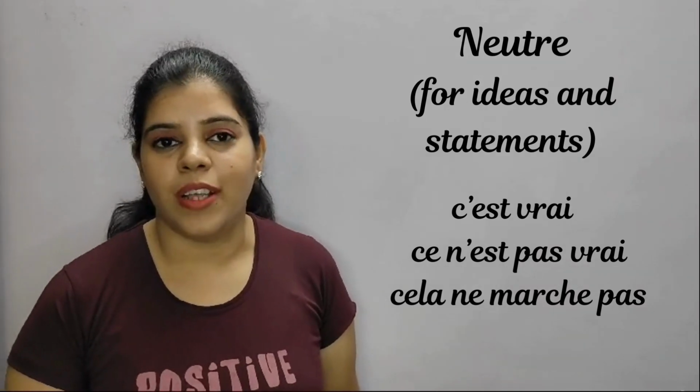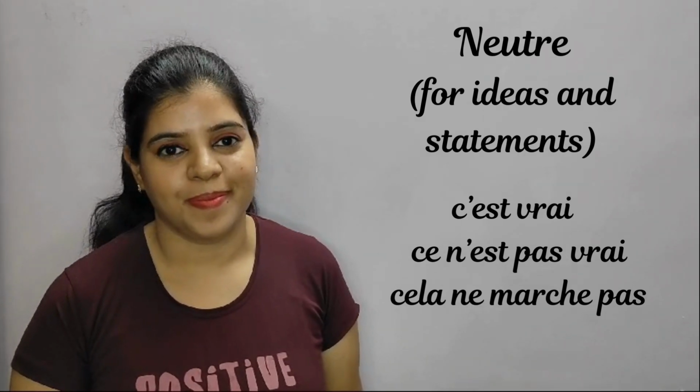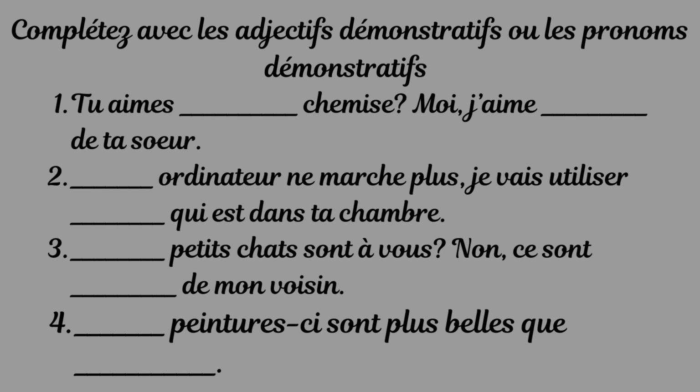Now, let's do a small exercise to understand all the pronoms démonstratifs better. Complétez avec les adjectifs démonstratifs ou les pronoms démonstratifs. Tu aimes dash chemise. Moi, j'aime dash de ta sœur.